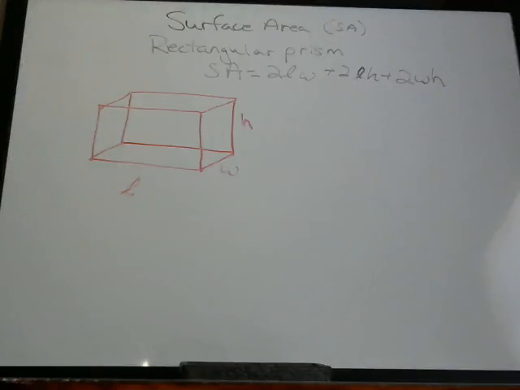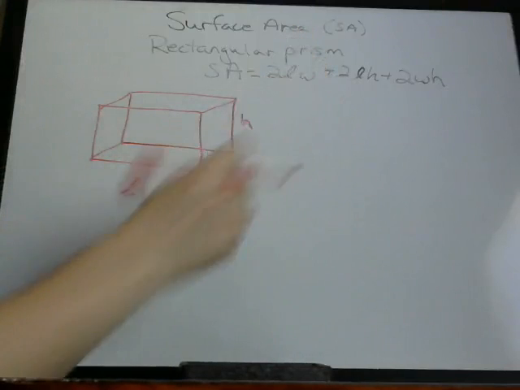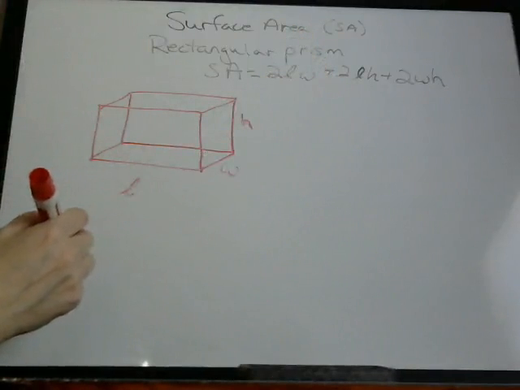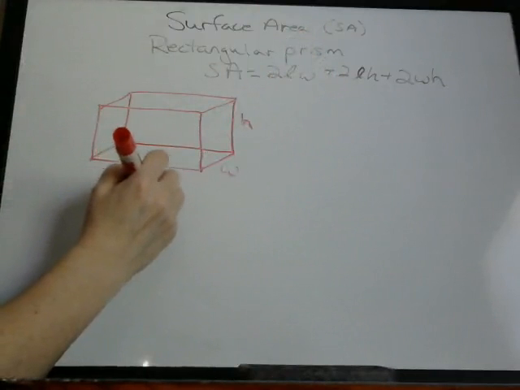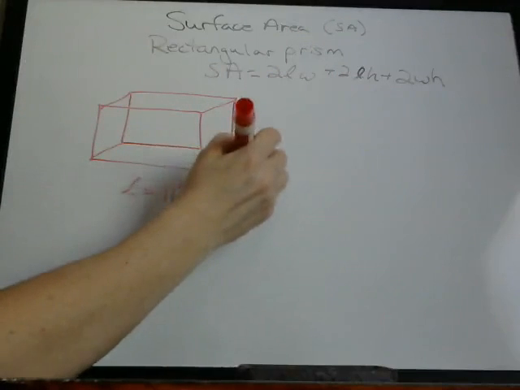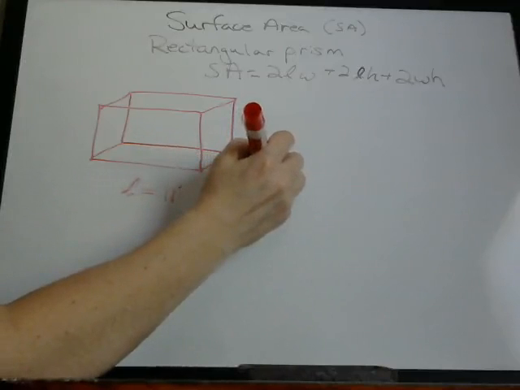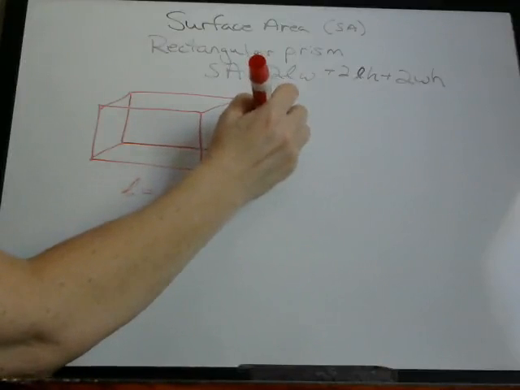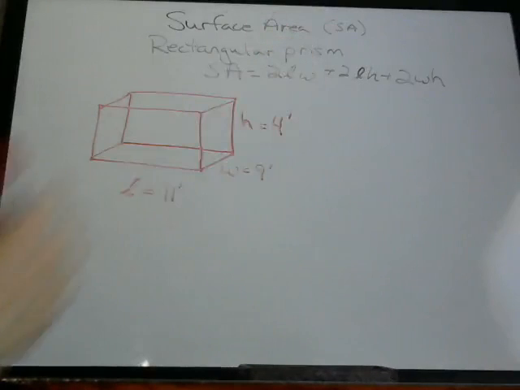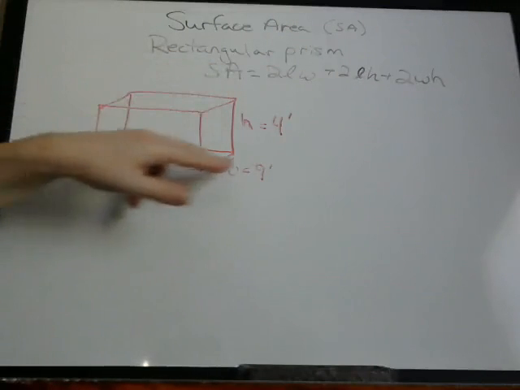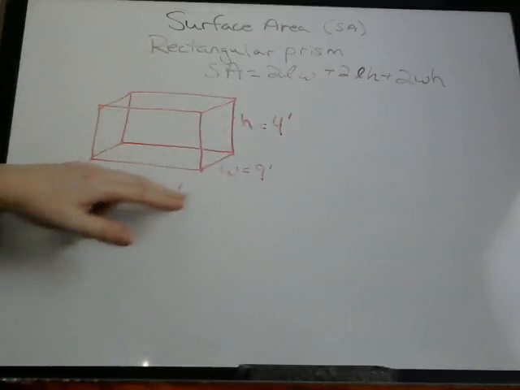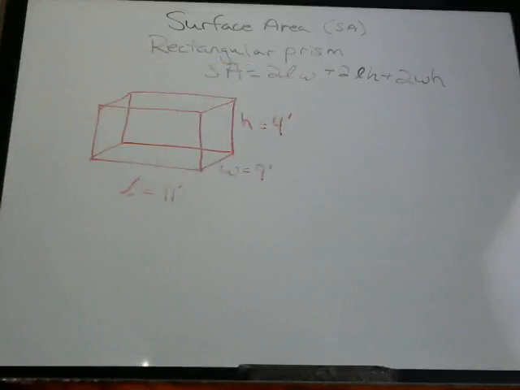If we're given a relatively simple problem, let's say they tell us the length is 11 feet, the width is, we'll say, 9 feet, and the height is 4 feet. What is the surface area? We don't necessarily even need to think. If they lay something out this straightforward, giving us each of the dimensions, we just use the formula.